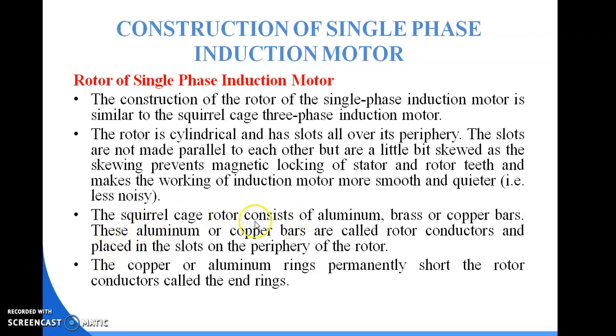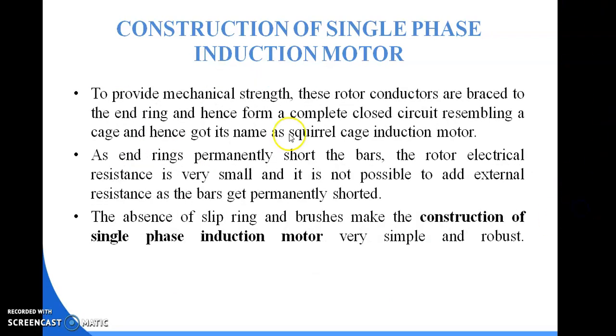The squirrel cage rotor consists of aluminum, brass or copper bars. These aluminum or copper bars are called rotor conductors and are placed in the slots on the periphery of the rotor. The copper or aluminum rings that permanently short the rotor conductors are called the end rings.